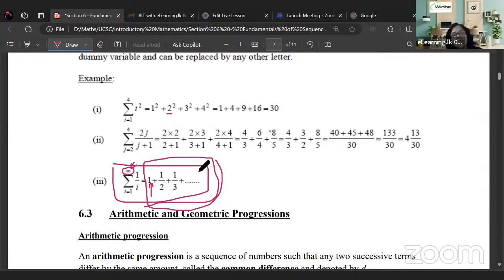Sum of infinity number of terms is represented by this part.